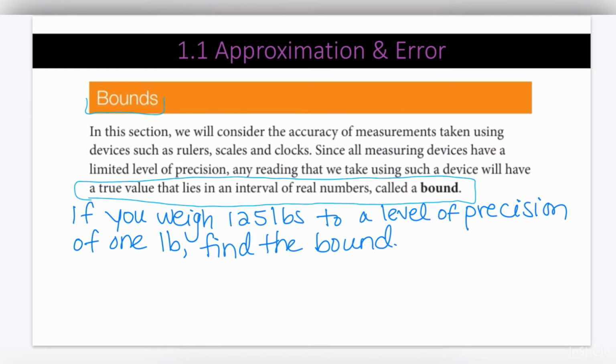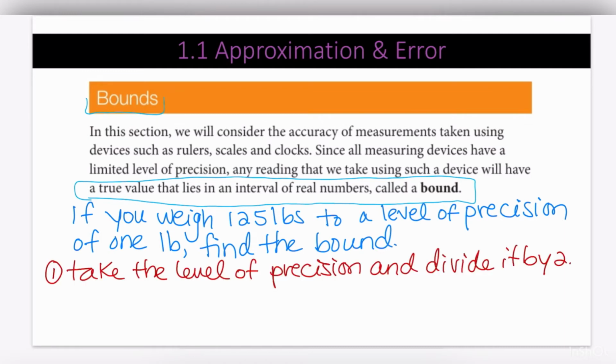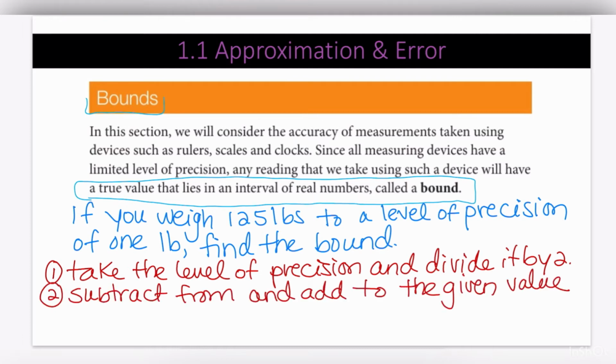What are the possibilities for my weight, let's say. So what we're going to do is follow the following steps. Step 1, we're going to take the level of precision and we're going to divide it by 2. Step 2, we're going to subtract from and add to the given value.